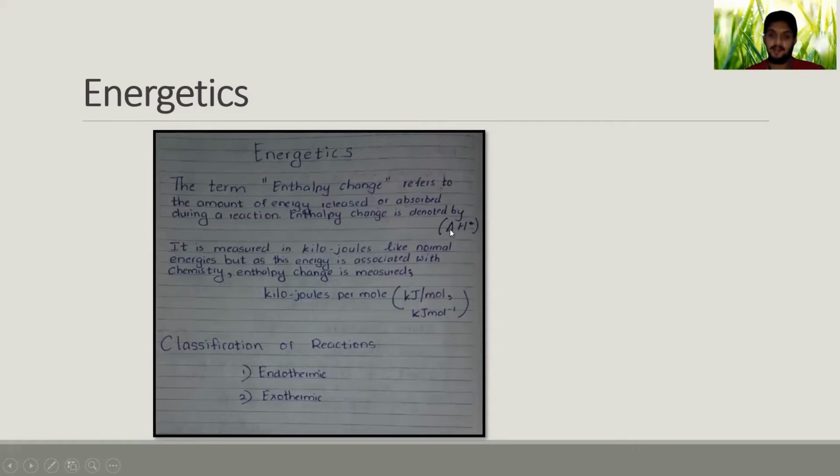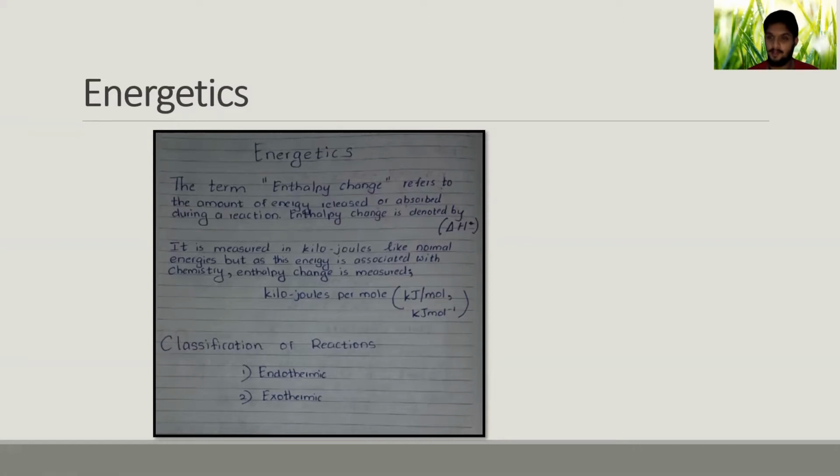And be mindful that the enthalpy change is represented by delta H. This triangle out here is delta, a letter from the Greek alphabet. Delta always means change when we want to represent change in scientific notation.